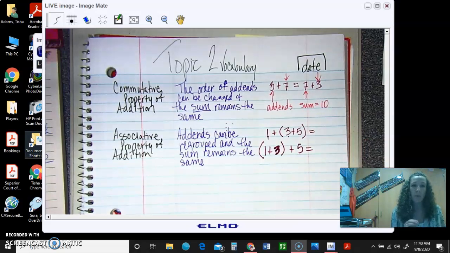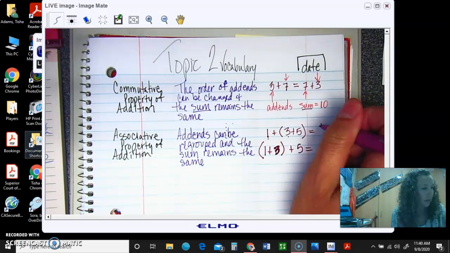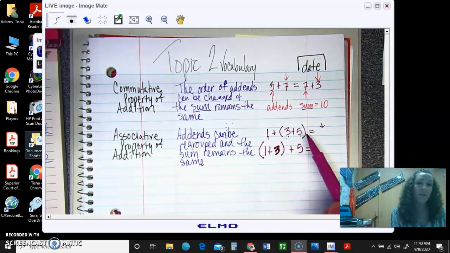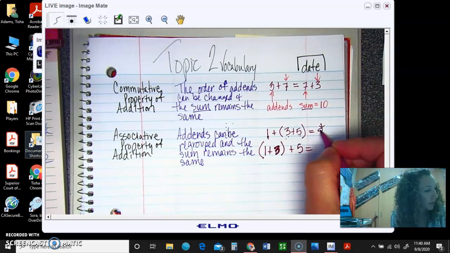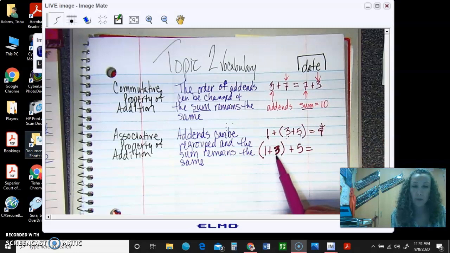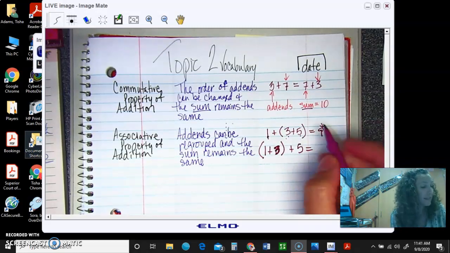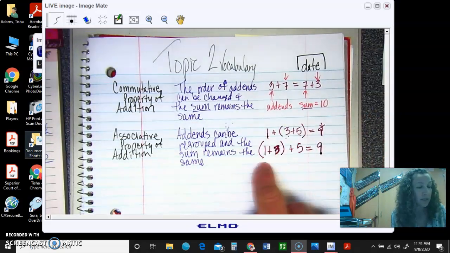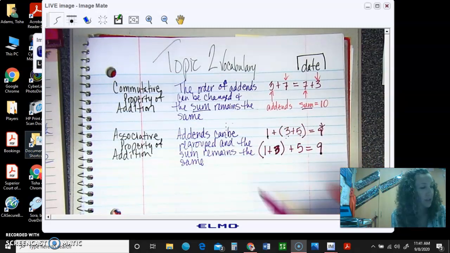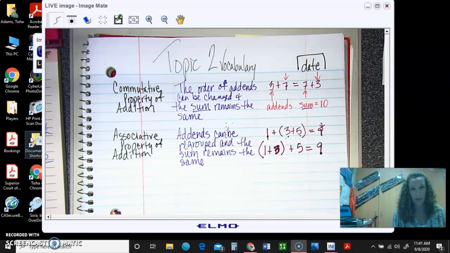We should end up with the same sum, right? So 3 plus 5 is 8, plus 1 more is 9. I'm going to put 9 there. Well, now let's do this. 1 plus 3 is 4, plus 5 more is 9. See? These addends can be grouped in different ways because we're still just adding 1, 3, and 5. The sum is 9, no matter what digits you group together.